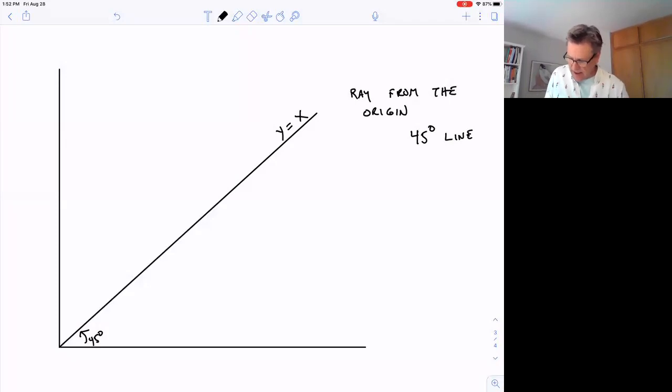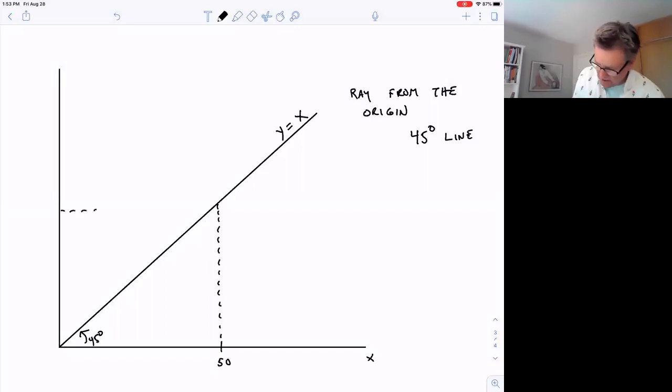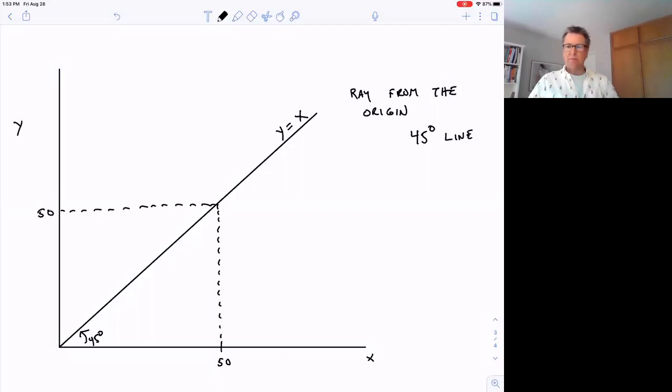That means at any x value we pick over here, say 50, if we go up and we hit this line and come over to the y-axis, it will have the same value, 50. So this is a slope equal to 1.